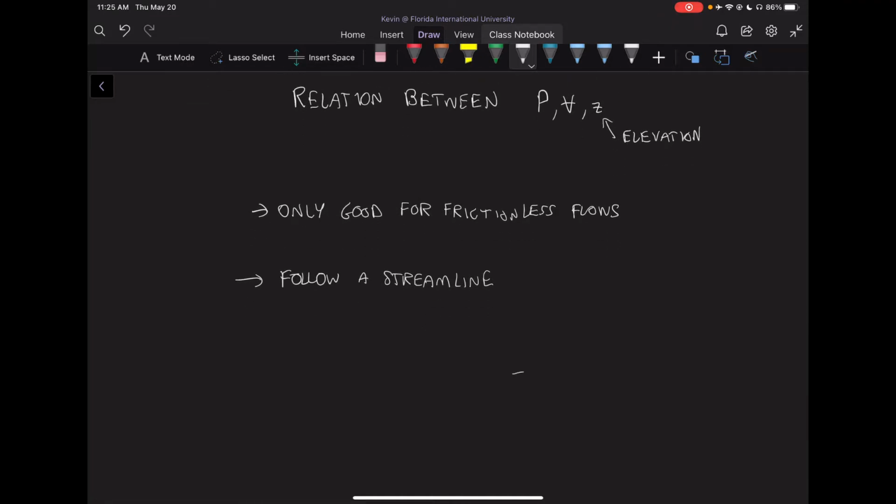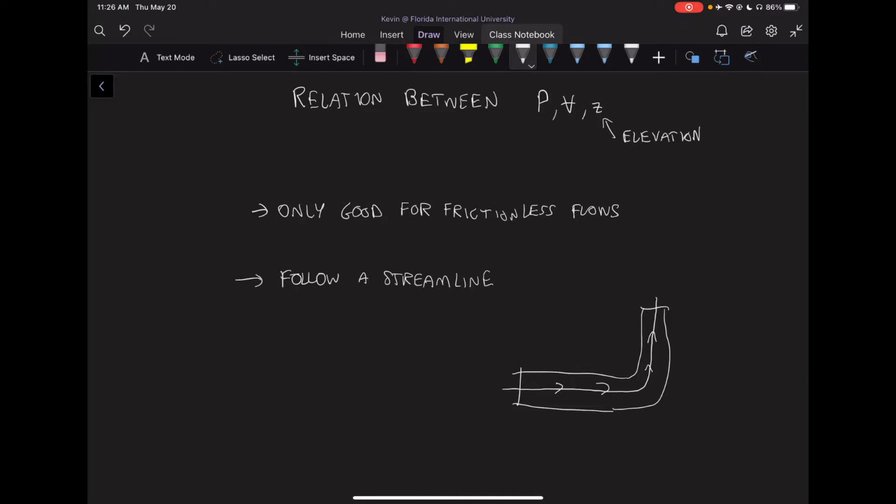So a streamline in a pipe, for example, that goes with a 90-degree bend would follow a particle that moves along the system if there was flow from one side to the other, for example. Okay, so it's just following a line of stream, essentially, or following a line where a particle is moving.